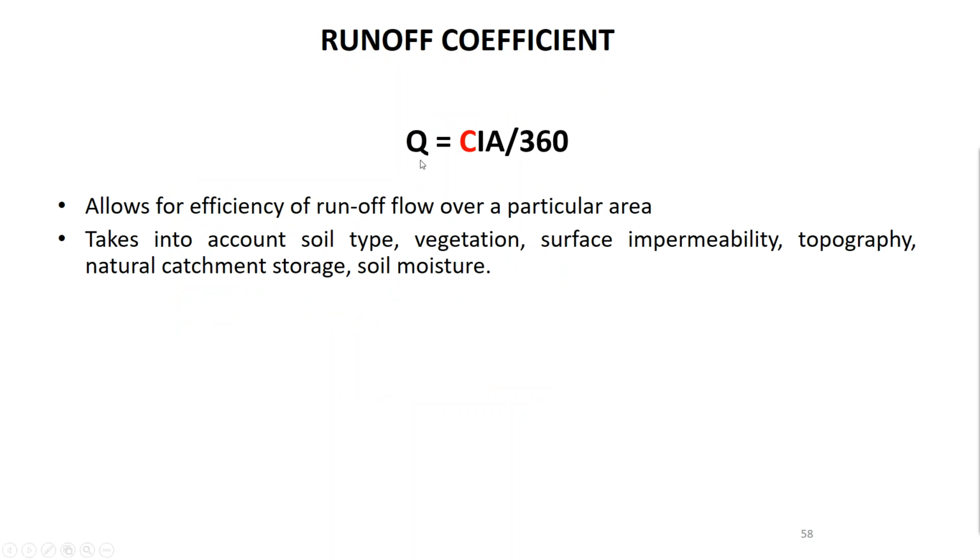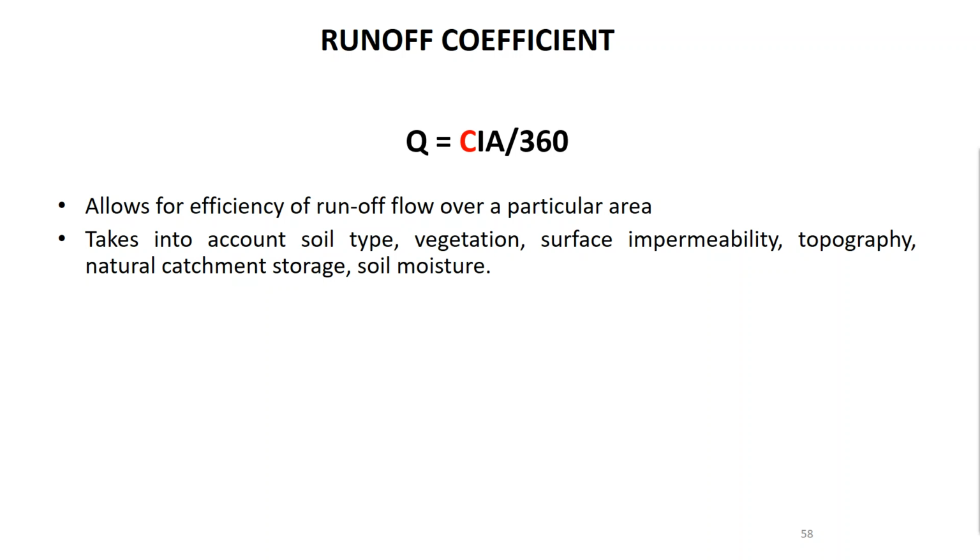So the Q is the design flow, that's the result you want to know. C is the runoff coefficient. It allows for the efficiency of runoff over a particular area, and basically it is the percentage of rain that falls on the ground that runs off. Some of it is going to infiltrate into the ground, and some of it is going to run off the ground.